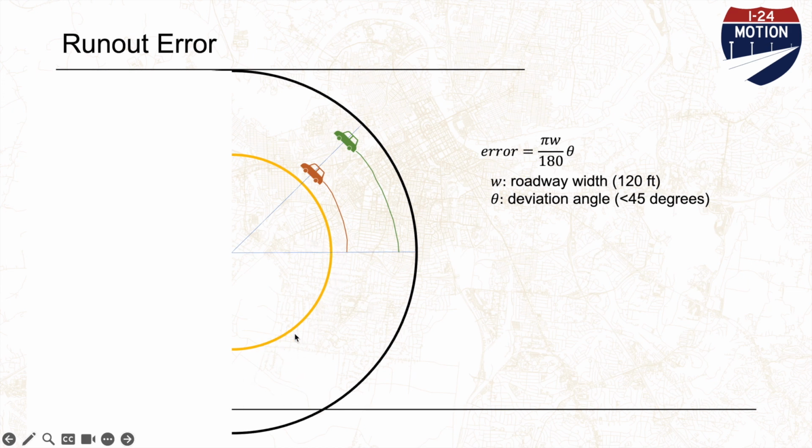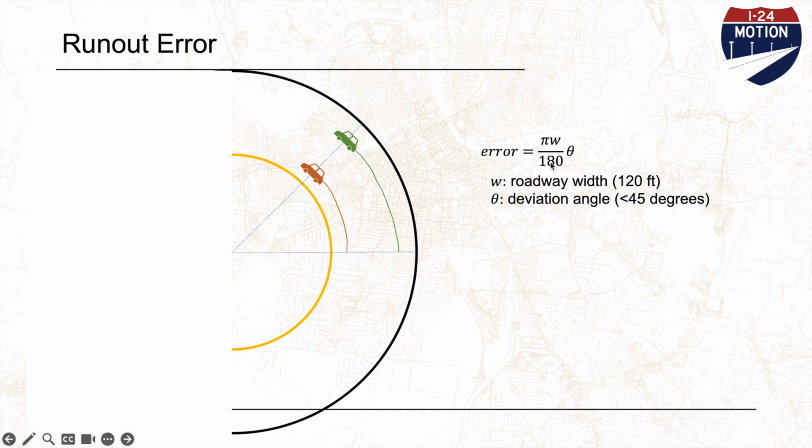Another interesting peculiarity is runout error. Because our primary coordinate is defined along the spline, which in this case is the yellow line, vehicles moving in the outside lane travel further than vehicles moving in the inside lane on a curve, but these two vehicles are assumed to have traveled the same distance because they start and end at a line that is perpendicular to the primary axis spline.